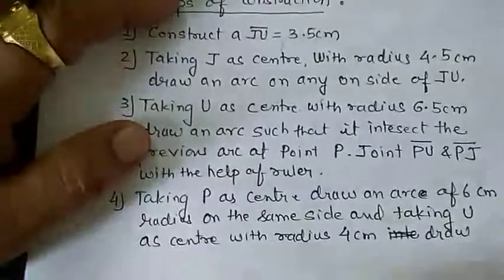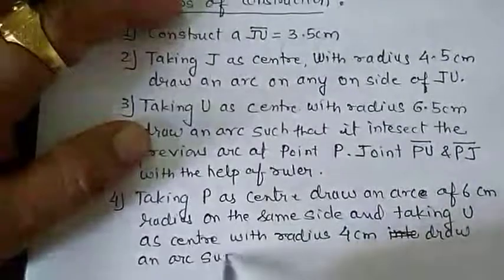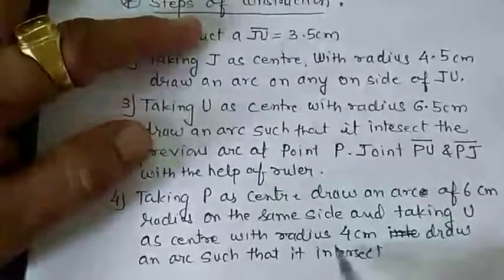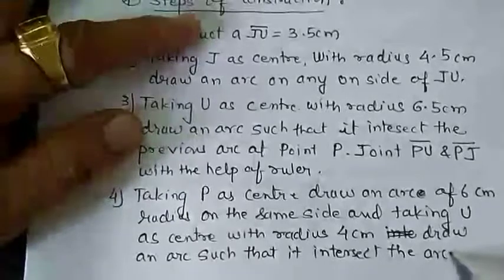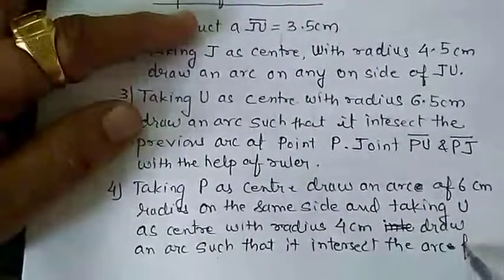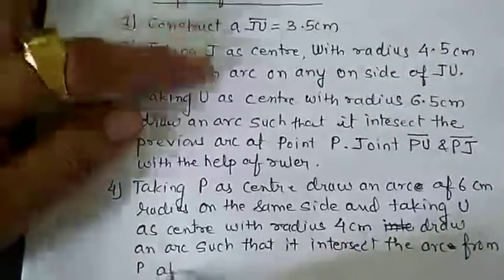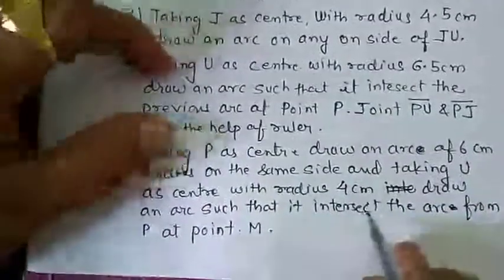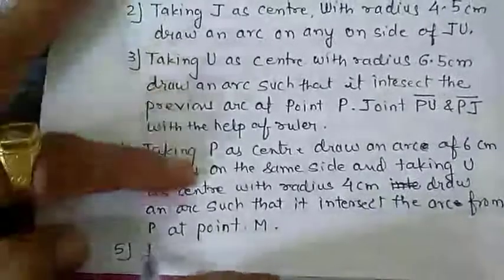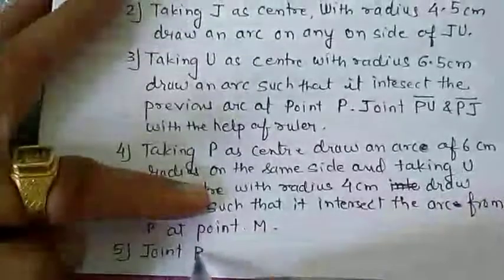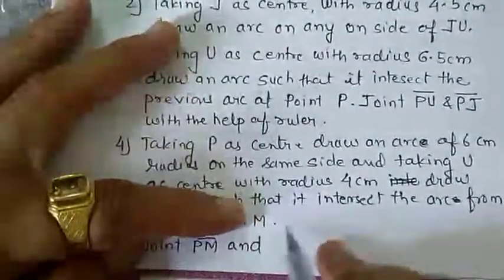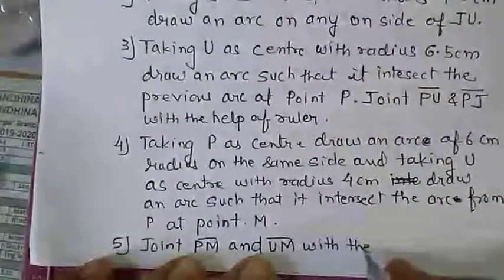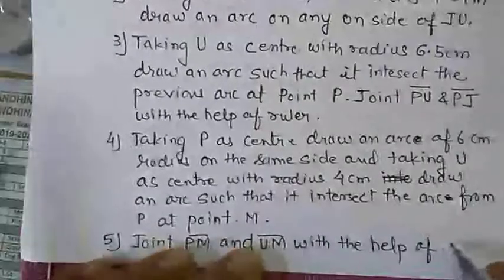Draw an arc such that it intersect the arc from P at point M. And lastly, fifth point, join PM and UM with the help of ruler.